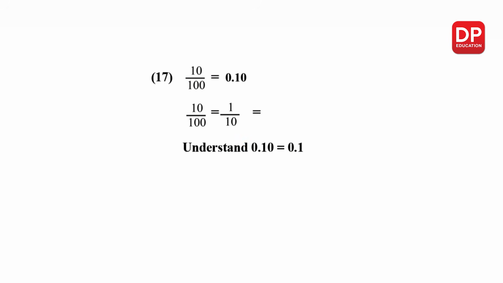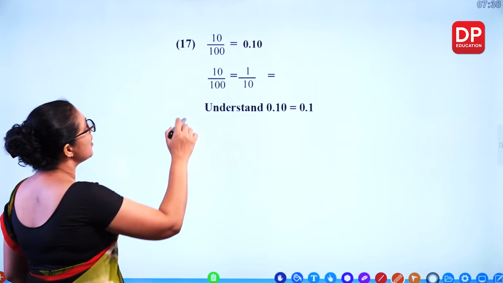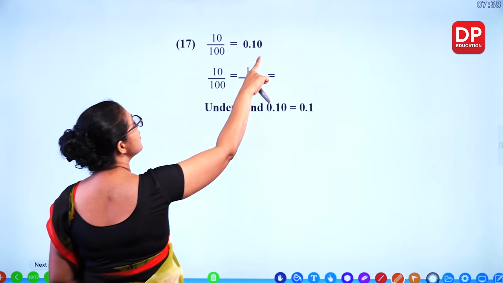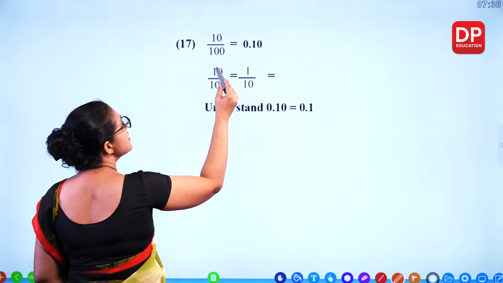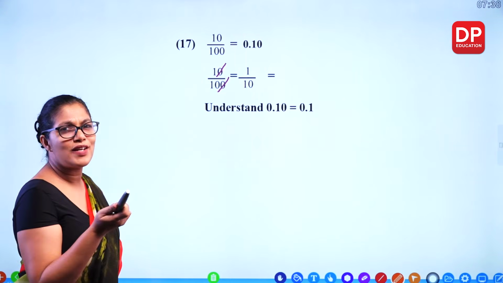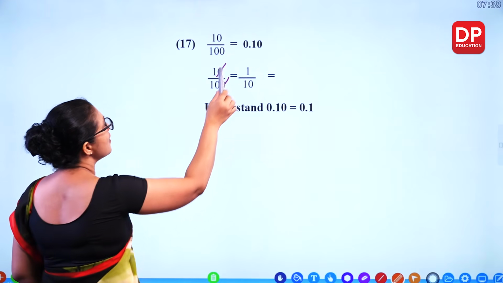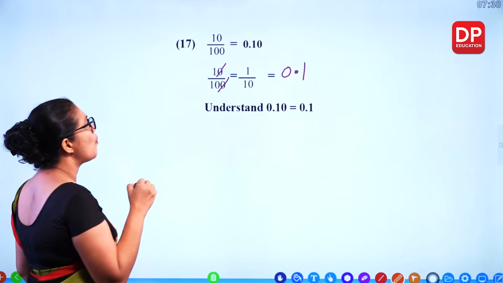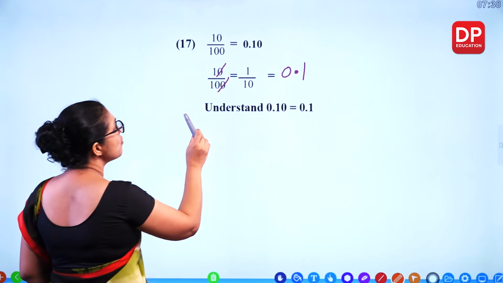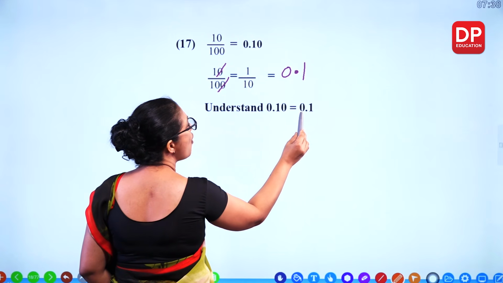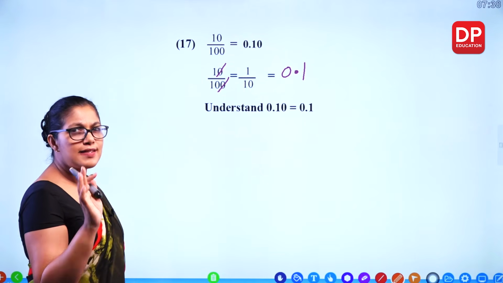So 10 over 100, what's 10 over 100? That's 0.10. What happens here? We can simplify. Divide by 10, you get 1 over 10. That's why you get one decimal place, 0.1. So you have to understand, if you write 0.10 or 0.1, that's the same thing.